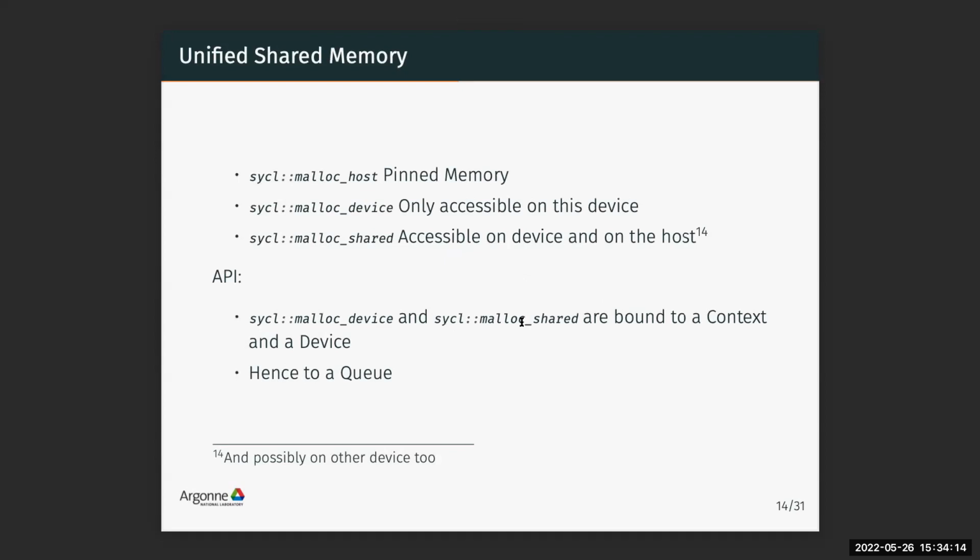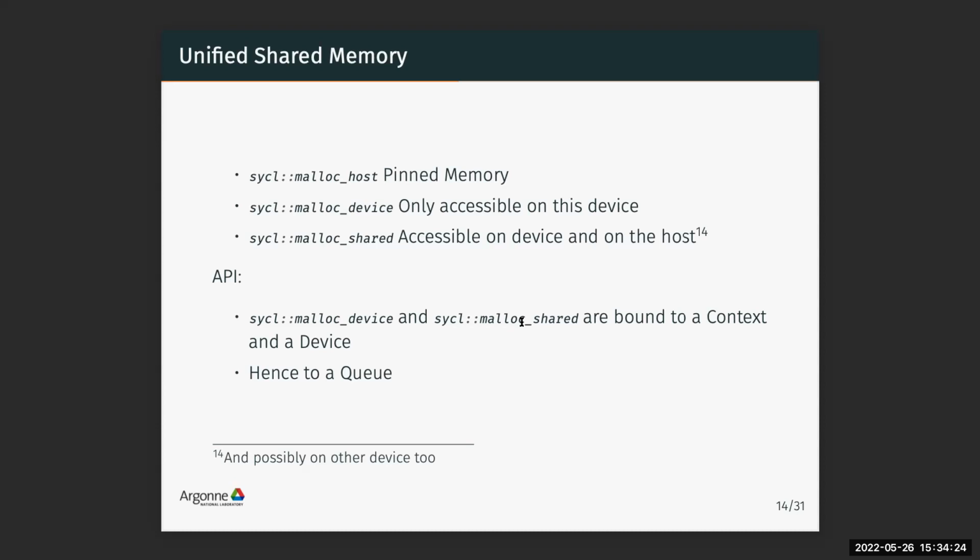Okay, unified shared memory now. I told you about the queue, so how to use a queue. And one thing people like to do, I don't know why, is to allocate memory. So we have three types of memory. It's a traditional thing, you will not be disconcerted.